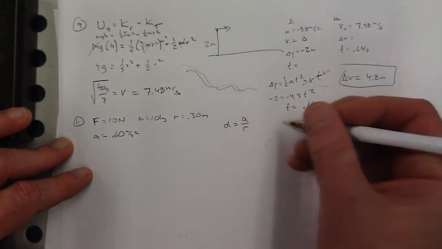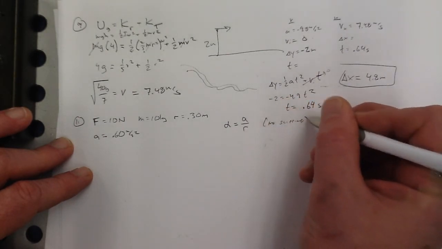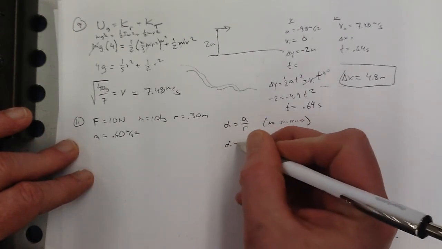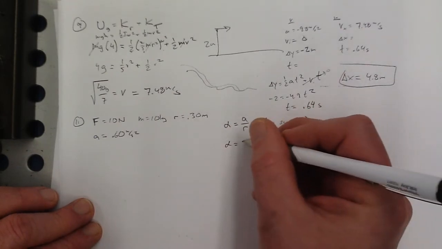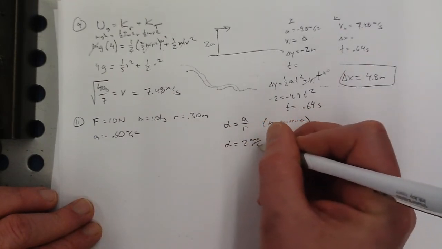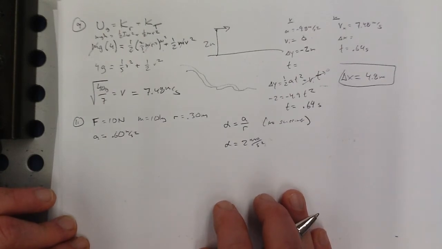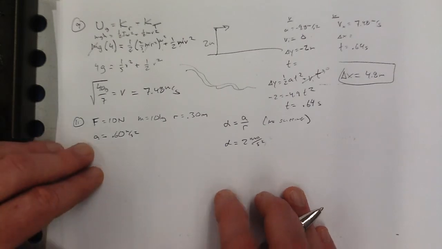Because it's not slipping. And so what is that? A over R is 2 radians per second squared. And what are the two things that they're asking us for? What's the frictional force on the wheel?